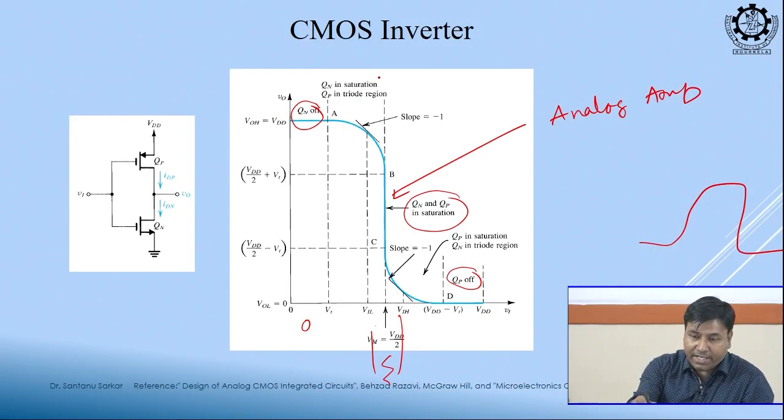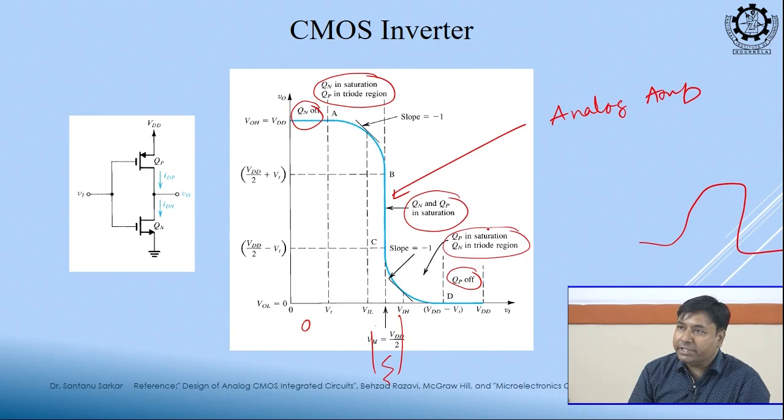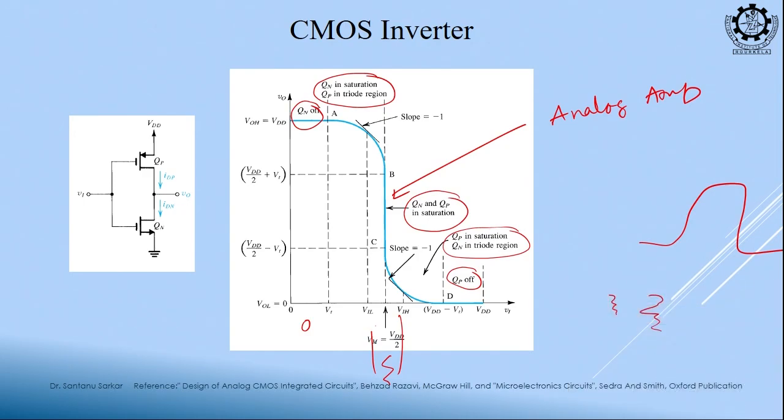And in this region NMOS is in saturation, PMOS is in linear, and in this region PMOS is in saturation and NMOS is in linear. So, step by step these are the different regions of NMOS and PMOS. Quickly, input less than VT, NMOS is off, PMOS in triode region.